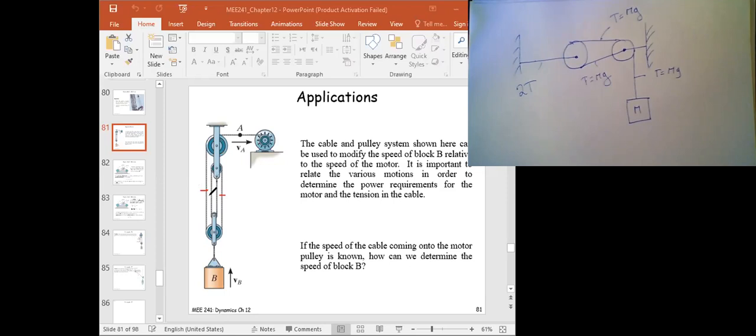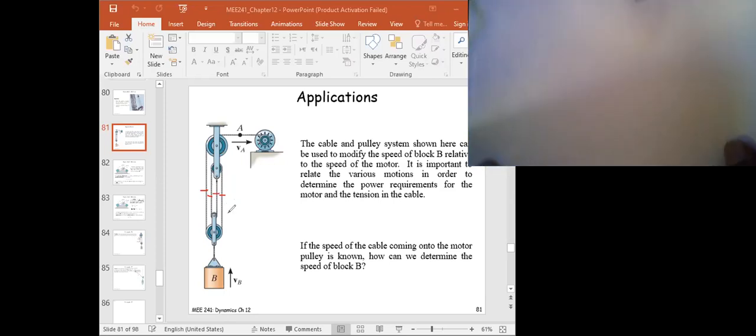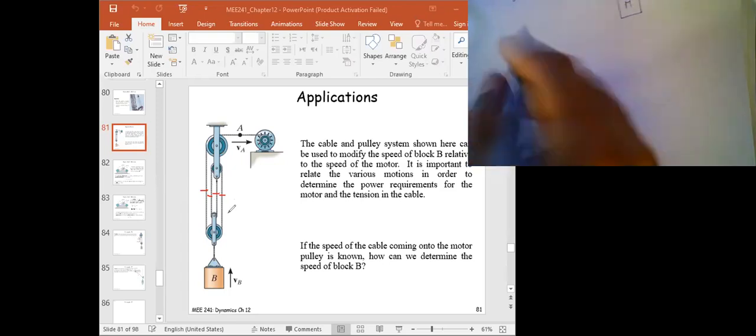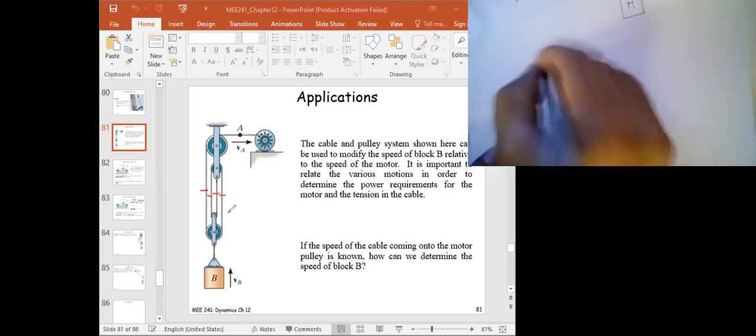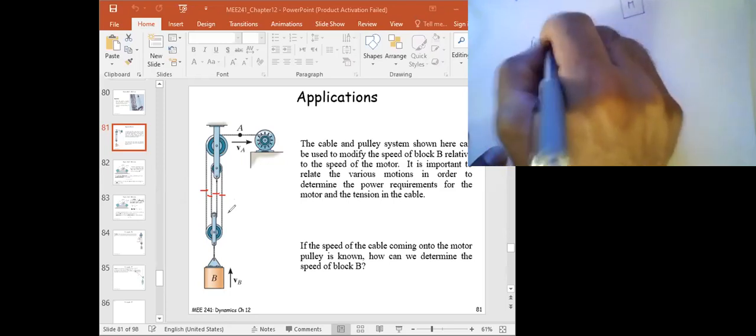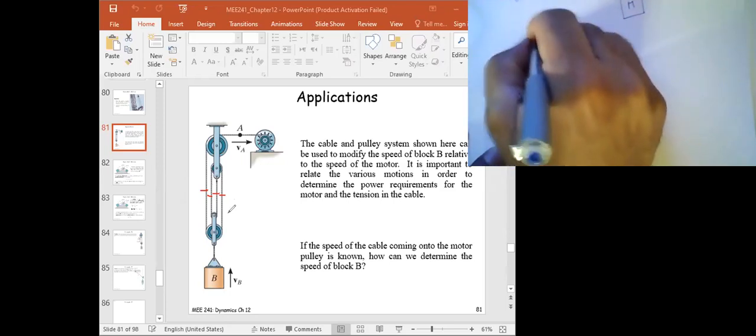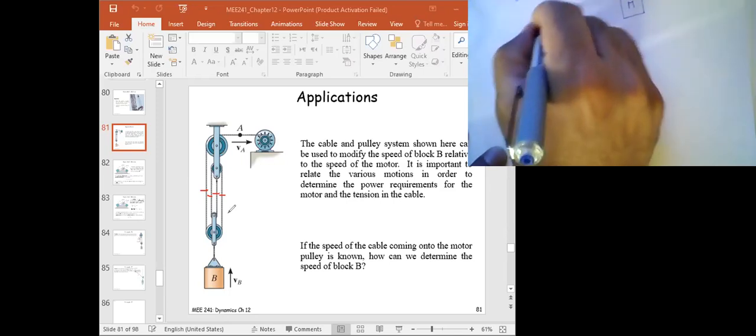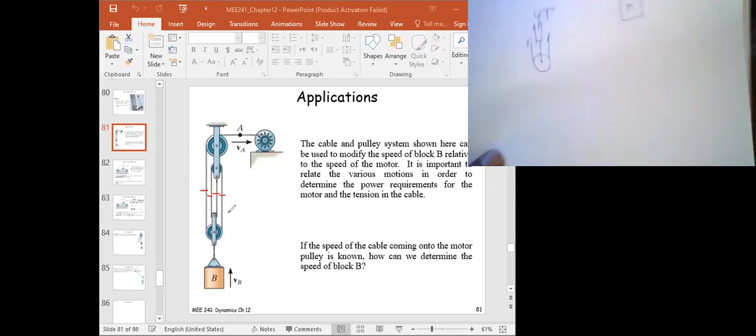Exactly. So what I'm doing here is a virtual cut. So one T, another T, and then this guy is another T right here, and then I have another T here. So if I'm looking into this, I'm lifting this object with one T, and then another T, and so on.